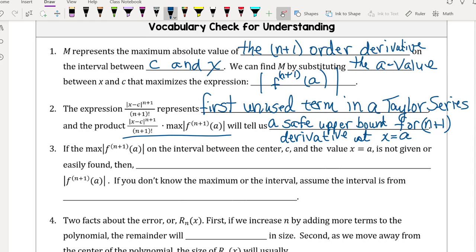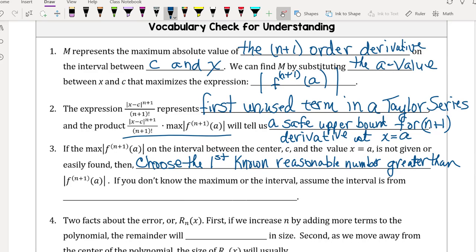If the max of the absolute value of the n plus 1 derivative of a on the interval between the center c and the value x equal a is not given or easily found, then sometimes that interval is not given, so you're going to choose the first known reasonable number greater than our n plus 1 derivative at a.